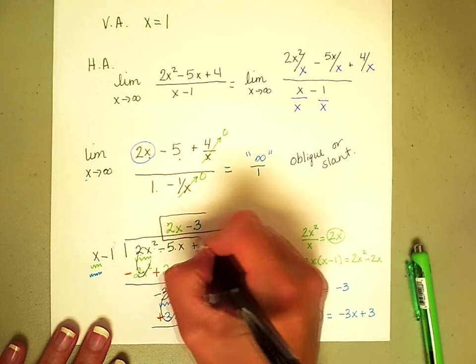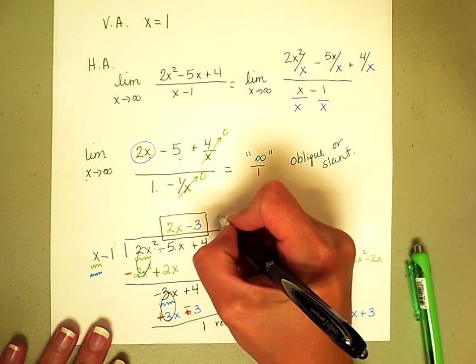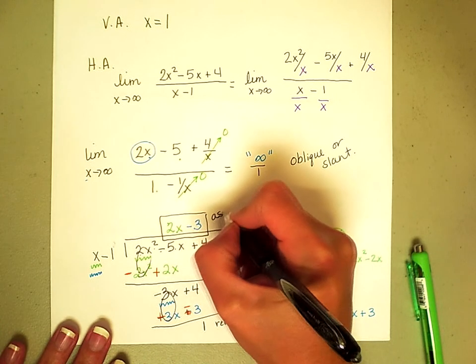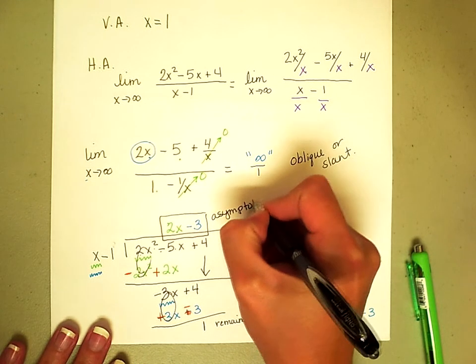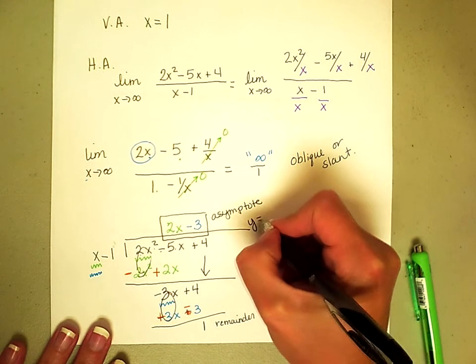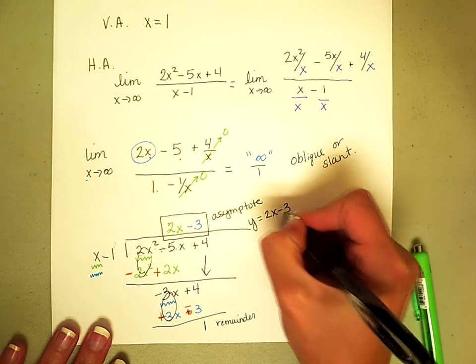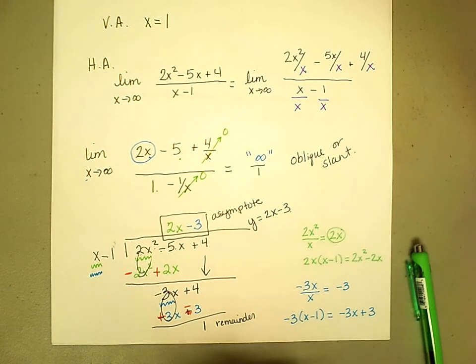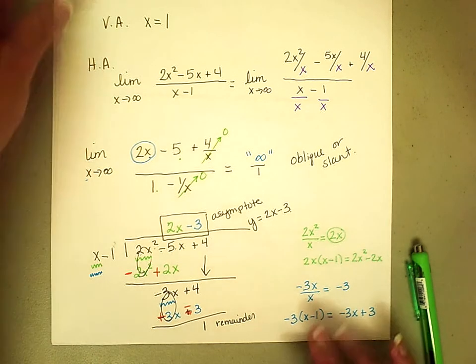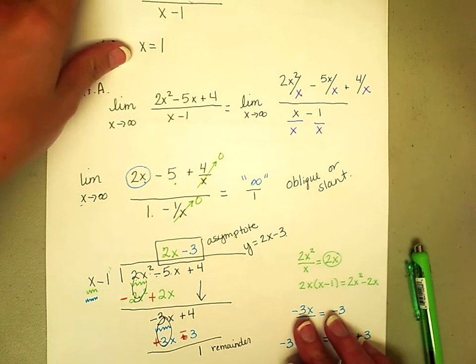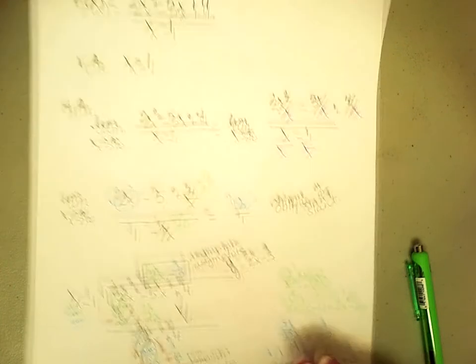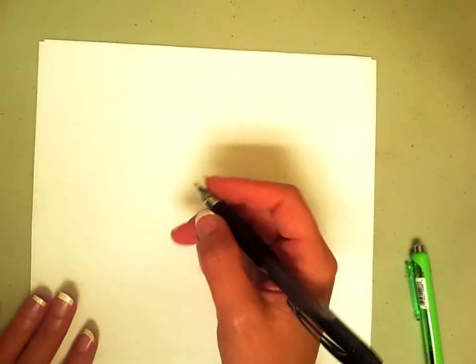But what this tells us then is that our quotient is our asymptote: y is equal to 2x minus 3. Okay, so let's put this all together. Let's try and graph it.